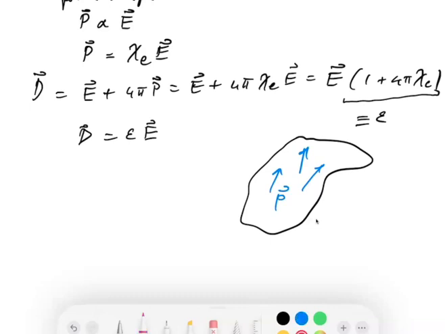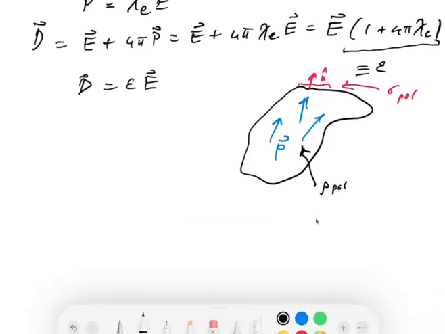And where that P field meets the normal is where you get the sigma polarization. And then this in the material is the rho polarization. So that's how you should think about it. Basically, when that P field terminates at the normal, that's where it constitutes sigma, the surface charge density. And then the boundary condition is as follows.